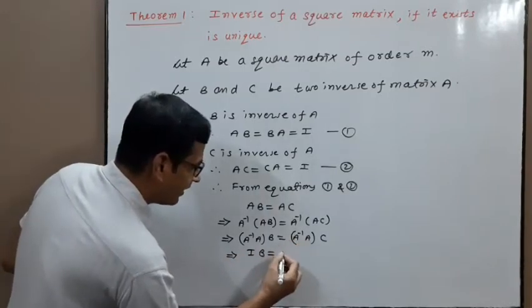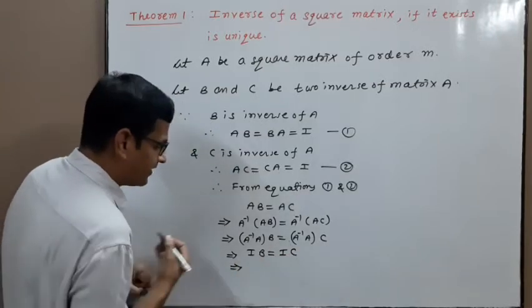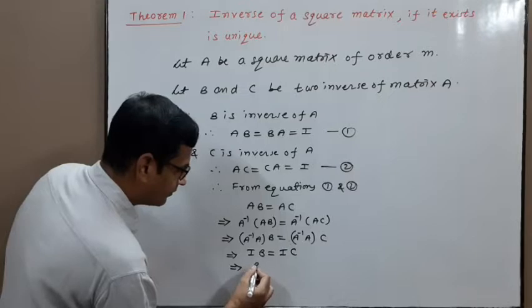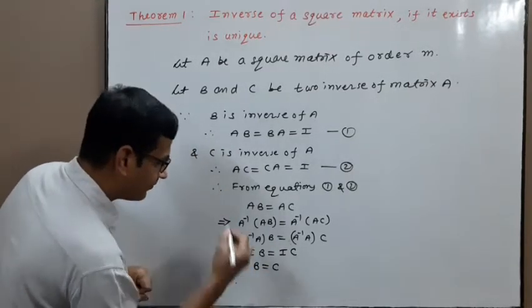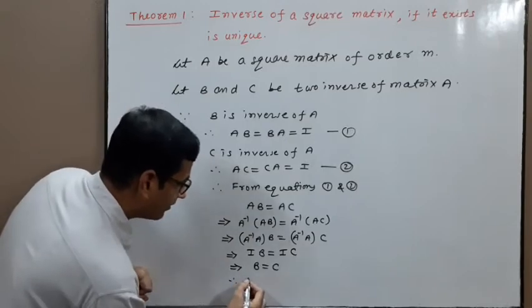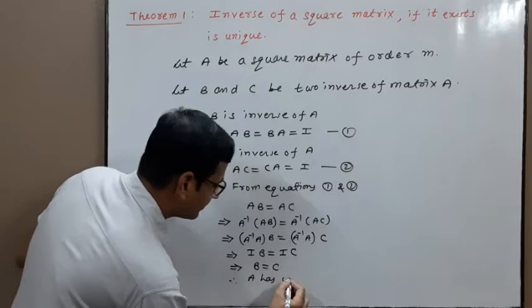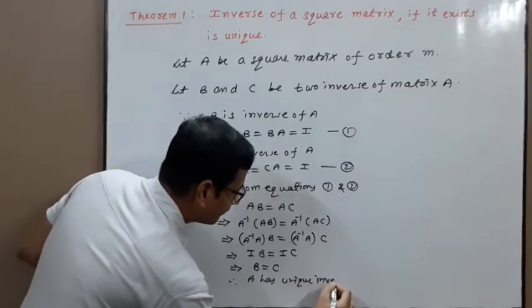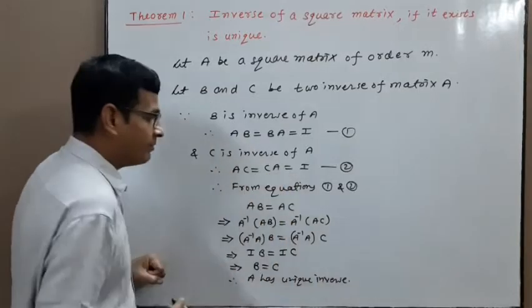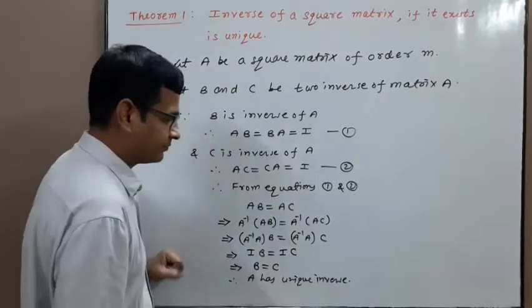A inverse into A identity matrix, or any matrix into identity matrix equal to itself. So B equal to C. Therefore A has unique inverse. Similarly, we can take B equal to CA, then again B equal to C.